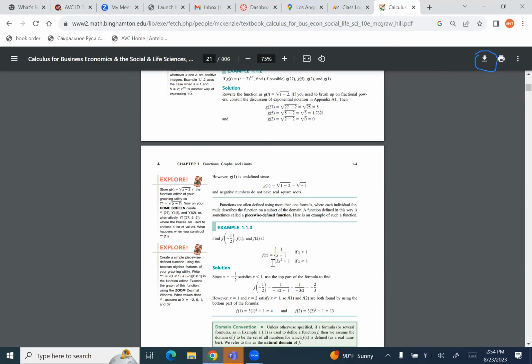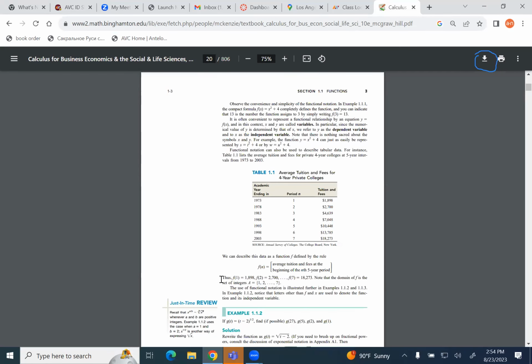So if, for example, you're looking at the problem, something like here, example 112, it looks like what we need to do is try to plug in the number.